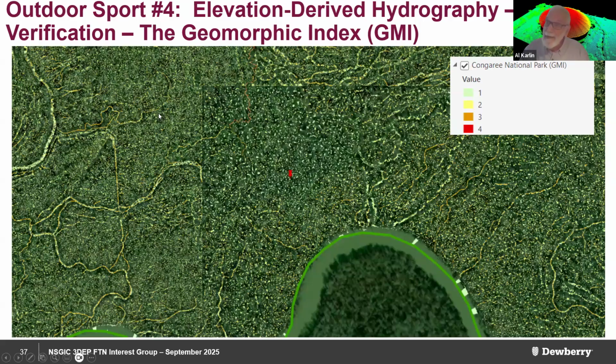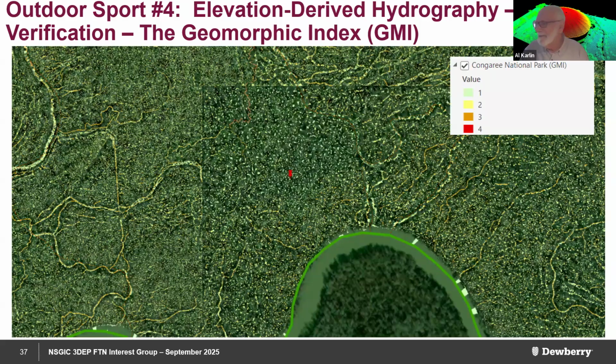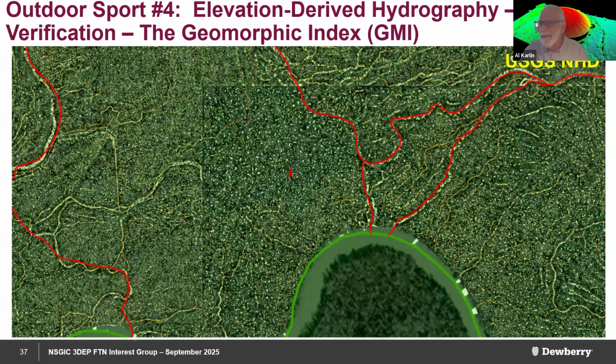So let me now turn on the EDH lines. I'm sorry, those are the NHD lines. And you can see that there's very little association between them and pretty much anything.